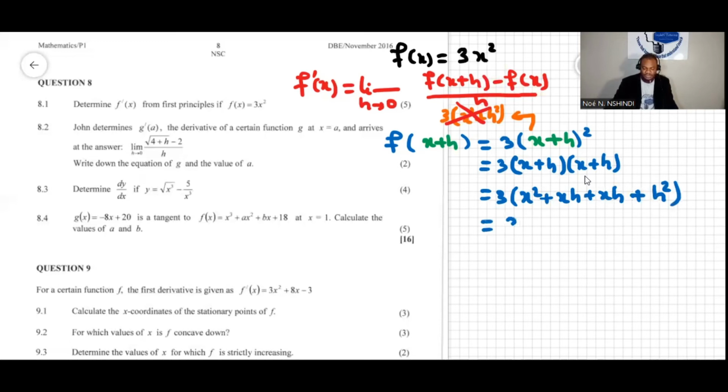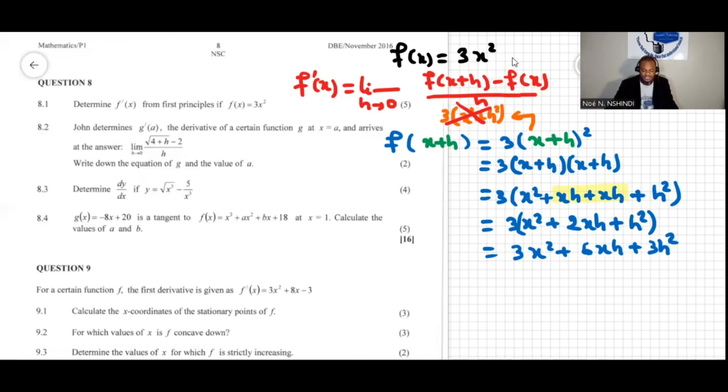So this will be 3 open bracket x squared plus xh plus xh makes 2xh, plus h squared, close bracket. Multiplying through, this will be 3x squared plus 6xh plus 3h squared. That's f of x plus h.